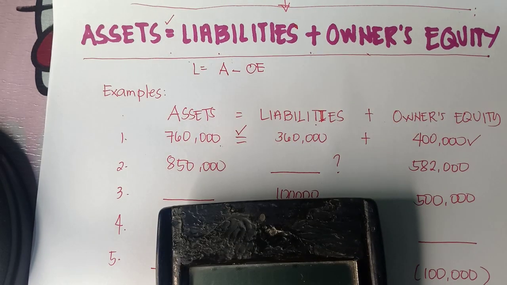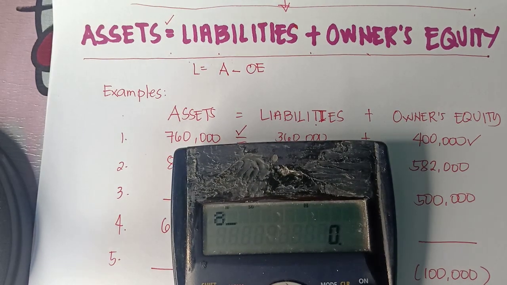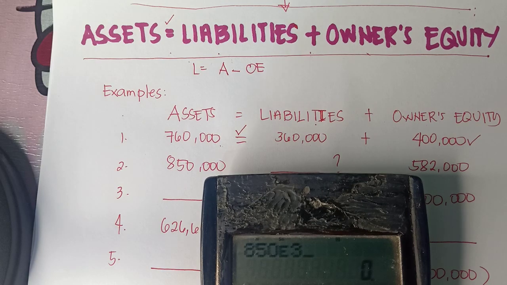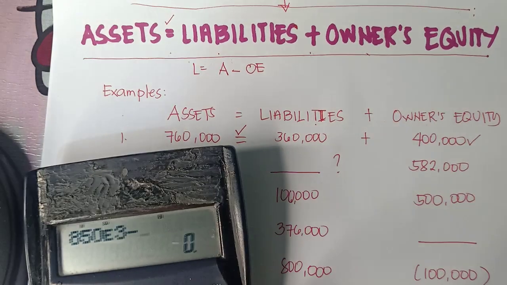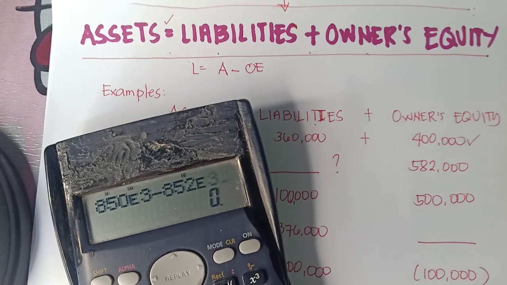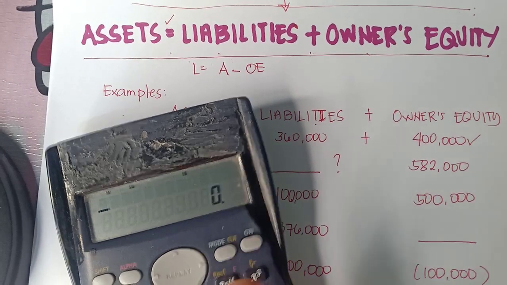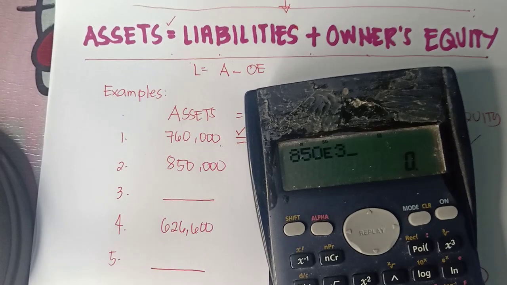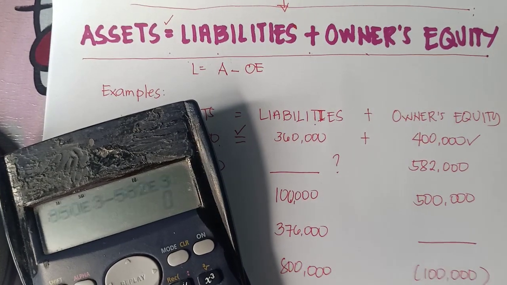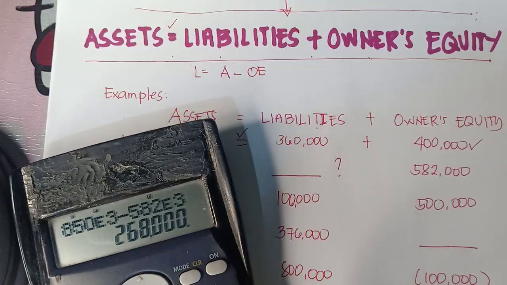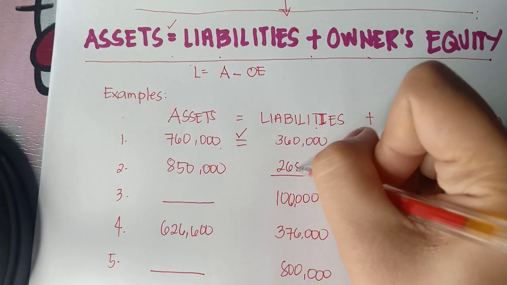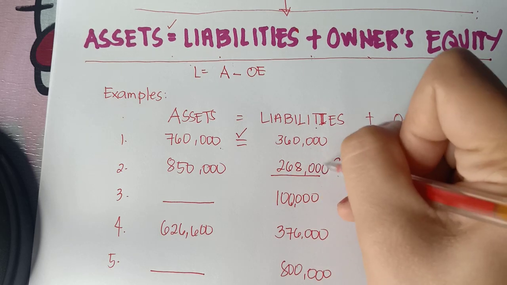So, 850,000 asset less 582,000 owner's equity. So, the total liabilities is 268,000.